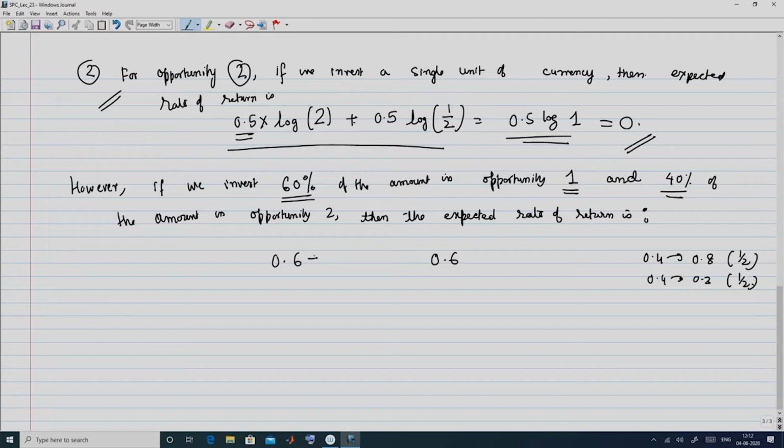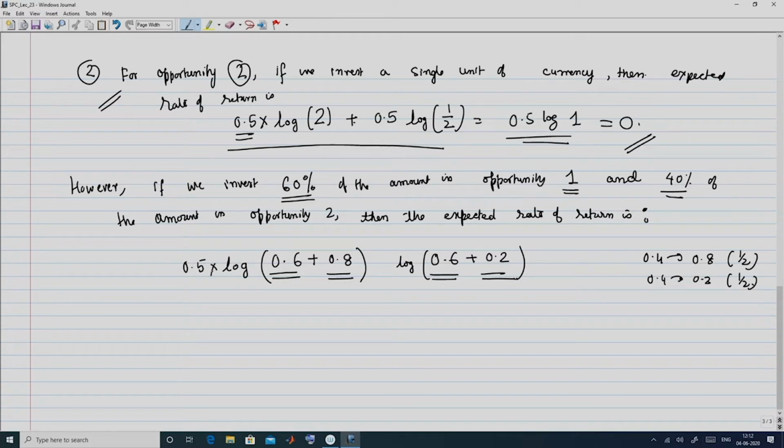So, you will have 0.6 plus 0.8 as the final amount, 0.6 coming from opportunity 1 and 0.8 from opportunity 2, or you will get 0.6 from opportunity 1 plus 0.2 from opportunity 2. These two are the possible final wealth levels. So, the utility of each of them is going to be log of 0.6 plus 0.8 or log of 0.6 plus 0.2, and then you want to calculate the expected return.